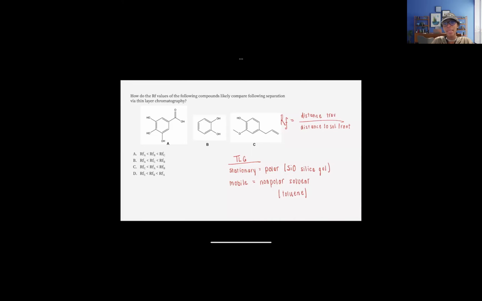And as we remember, what we're doing is we're playing on polarities. When it comes to chromatography, that's going to be all about polarities. So your molecule that's going to be the most similar to your mobile phase is what's going to move the furthest. So in order, what's going to be the most non-polar to the most polar molecule you have based off of these? Most polar, most non-polar.